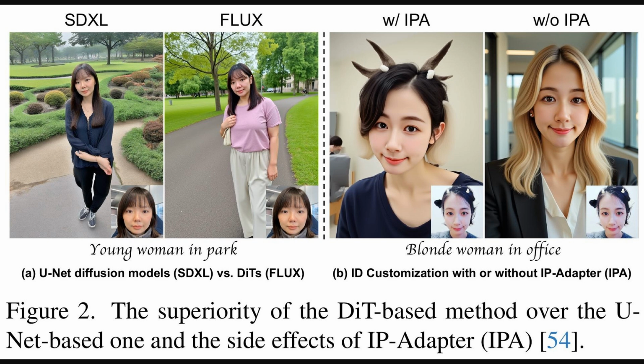Then, on the right, it shows the difference when using an IP adapter versus not using one, like InfU does. Look how the with-IP-adapter image has those strange horns added, while the without-IP-adapter one looks much cleaner and closer to the prompt, blonde woman in office, while still keeping the identity. This highlights the potential side effects of IP adapters that InfU tries to avoid.